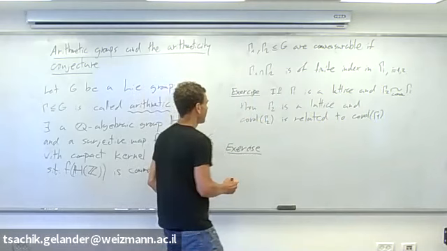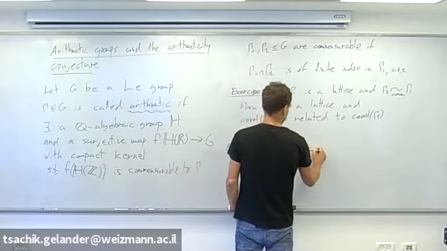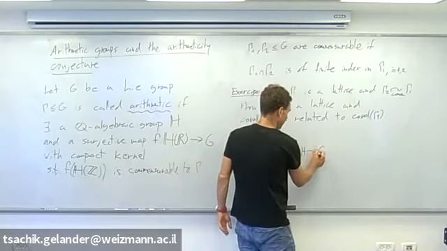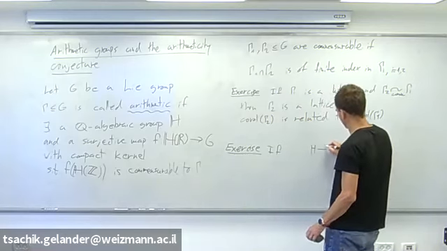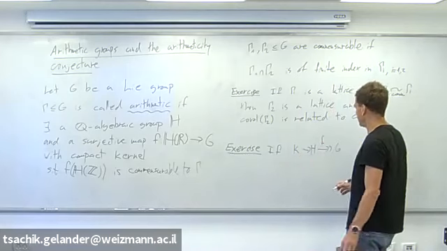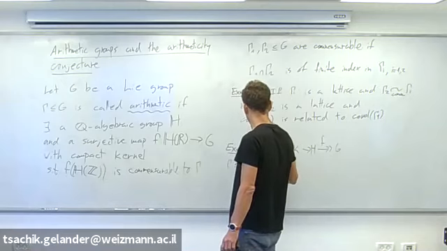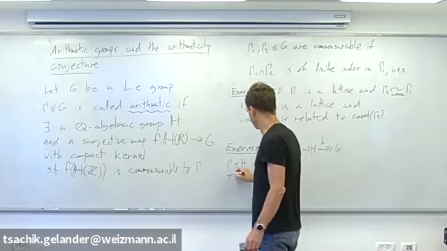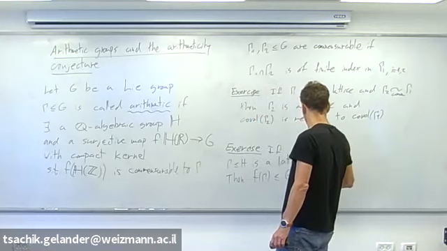And another exercise says that if you have two Lie groups, or two locally compact groups, and you have a surjective map from H onto G with compact kernel, and gamma in H is a lattice, then f of gamma in G is a lattice.